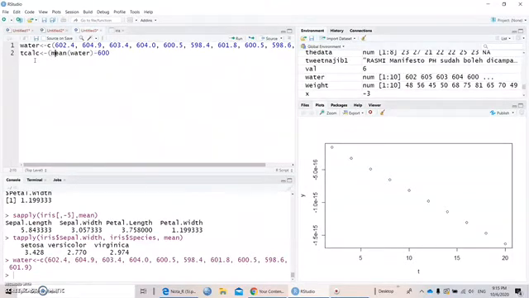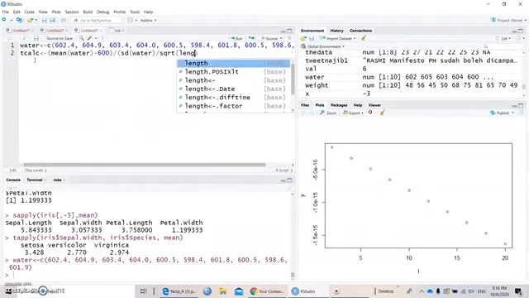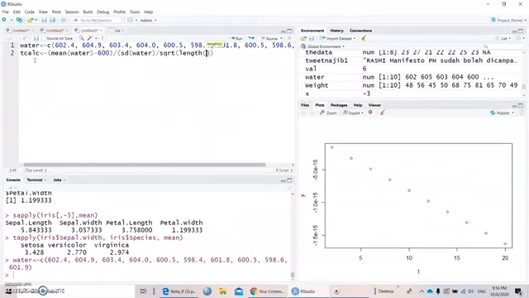Put a bracket, divide by the standard deviation of water, put a bracket, over square root, sqrt, the length of water.